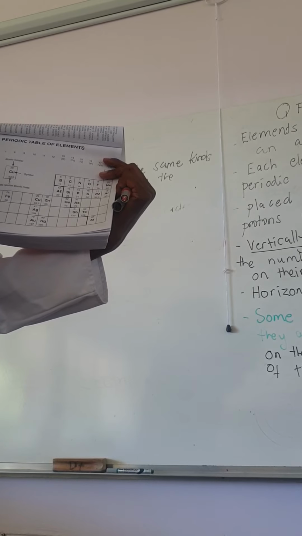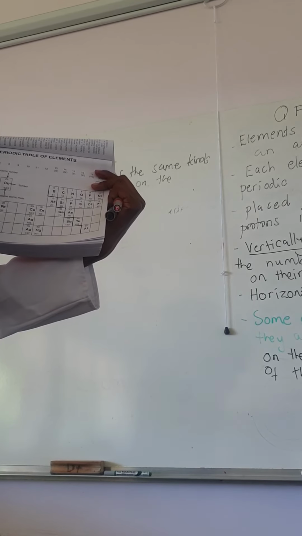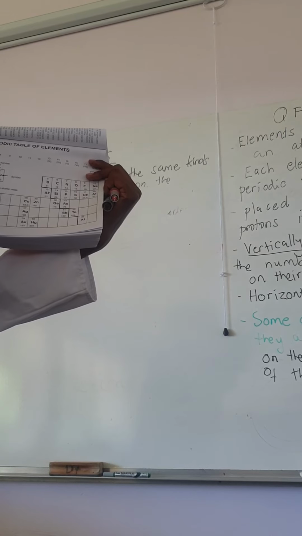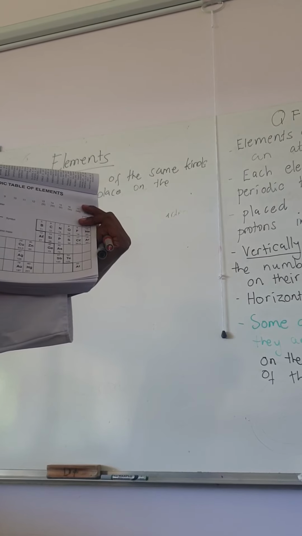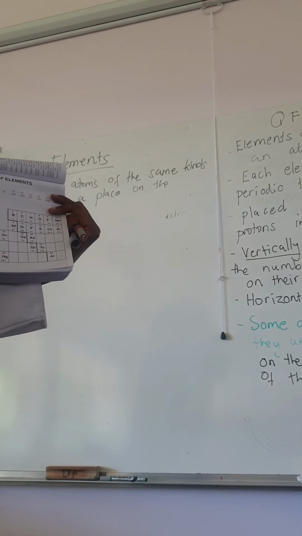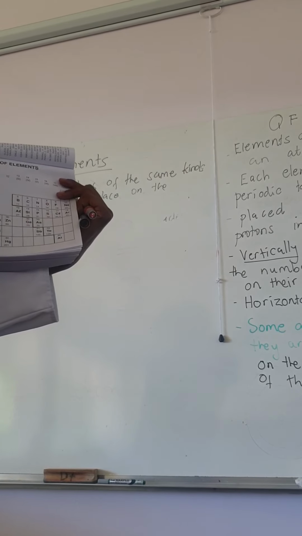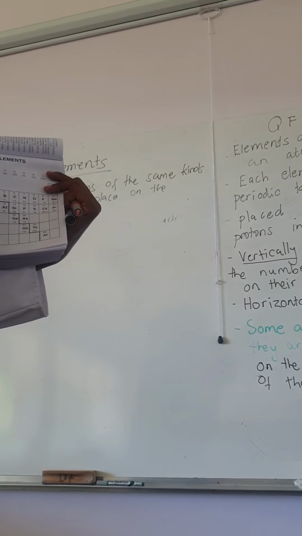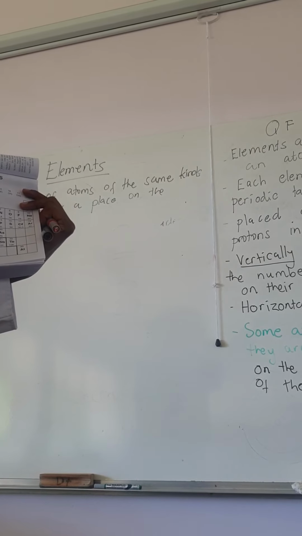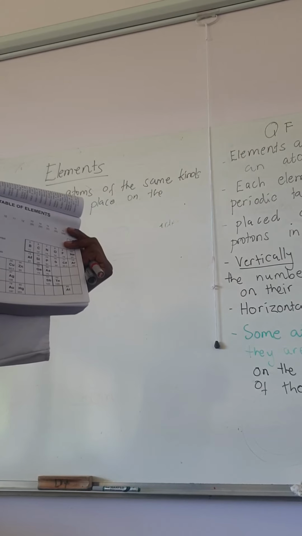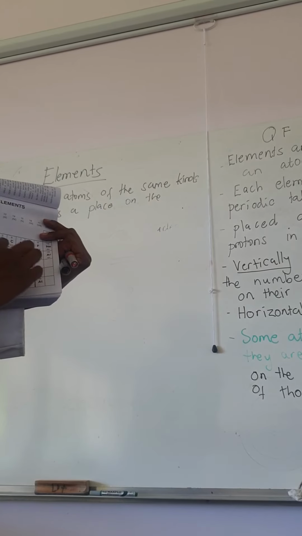You can even see that this is one element, another element, and they are placed in the verticals and also in horizontals. They are placed vertically according to the number of electrons that they have on their outermost energy level. And some of them are placed horizontally.